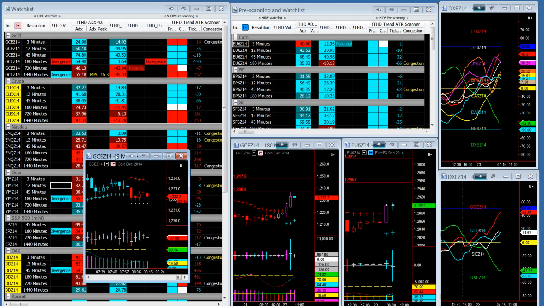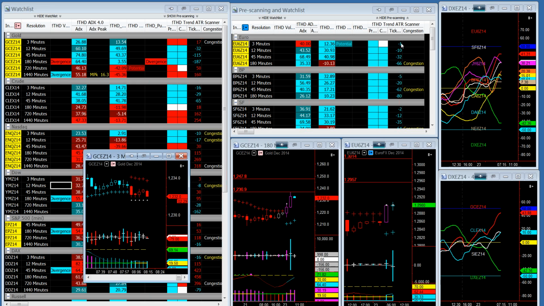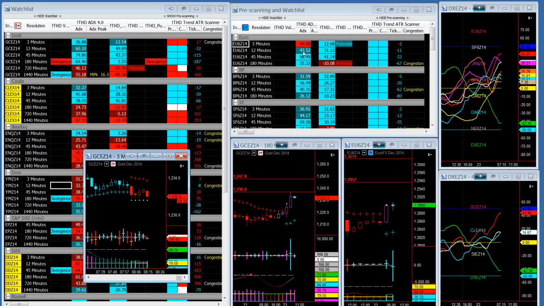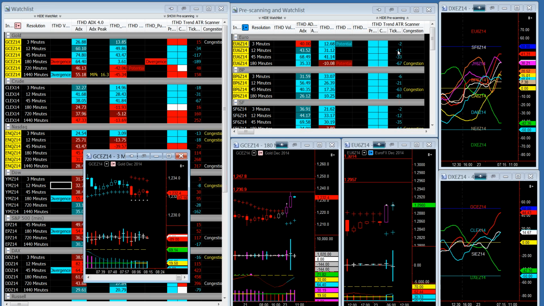So right now, if you look up here at the 3-minute scanner window, do you see the ADX is red, but you're getting a potential entry because you're one tick away from the ATR? That would not even concern me. And the reason that it wouldn't, number one, you've had a magenta peak on the 12-minute. I know that because this is dark, okay? And I'm still 11 ticks away from the ATR on the 12-minute chart.